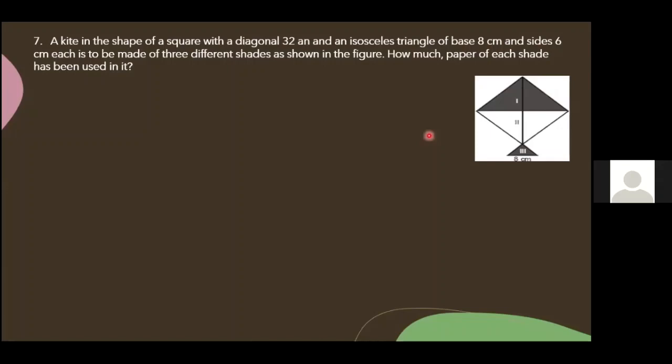You can see the figure, no, children? Yes, ma'am. Here the upper part is one triangle, here one triangle, and the base one small triangle. This is how it is given in the textbook.